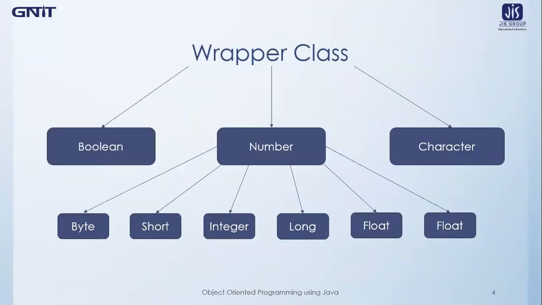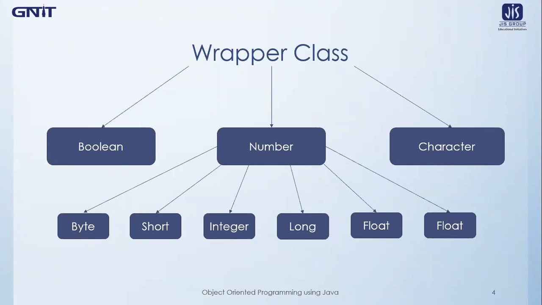Wrapper classes are there to convert those strings into their original primitive data types again in order to perform the operations. Now before going into those details, let us discuss the basic concept of a wrapper class. We know that Java is an object oriented programming language, and Java can view literally everything as an object.